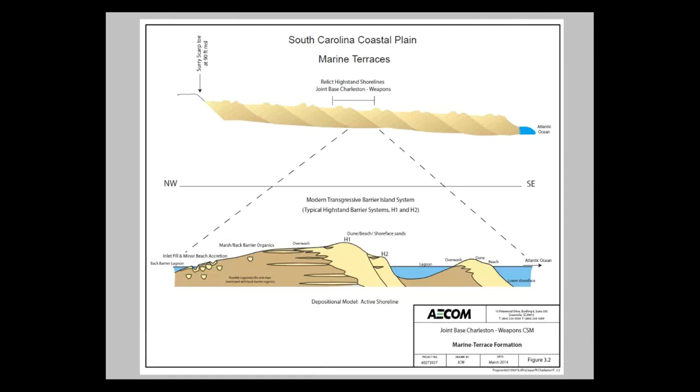What we have at this base in this area of our South Carolina coastal plain is a series of marine sea level transgressions and regressions. And so what you see here at the bottom says modern transgressive barrier island system. This is a depositional model for a barrier island, typical of these parts of the coast.